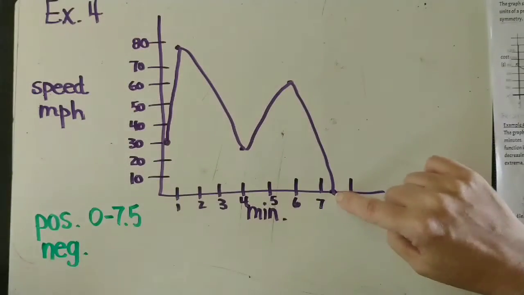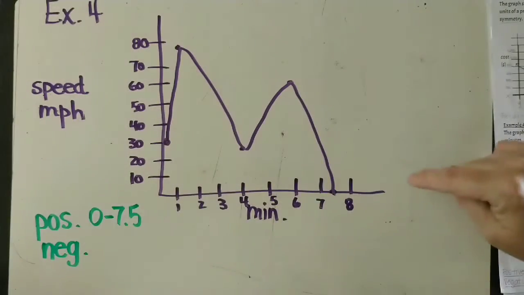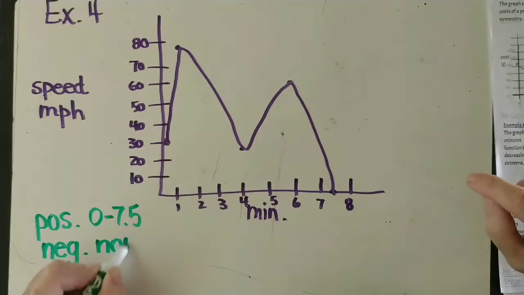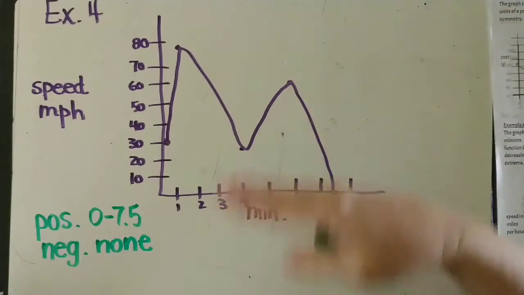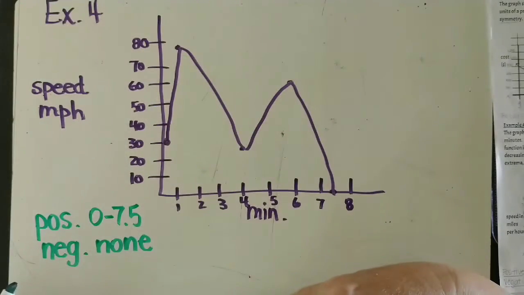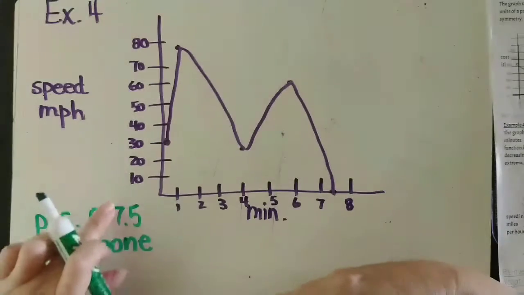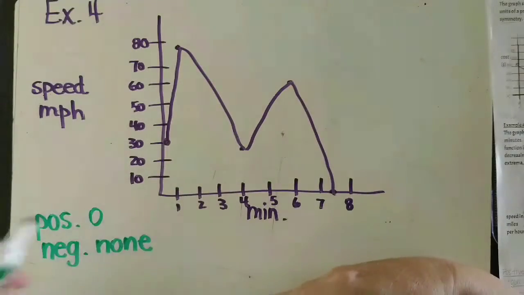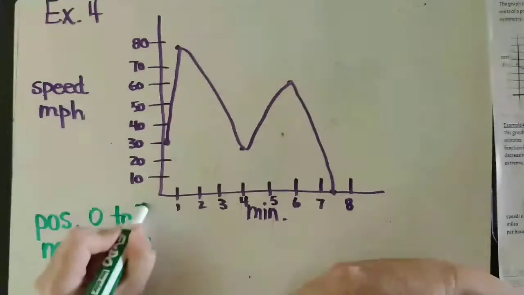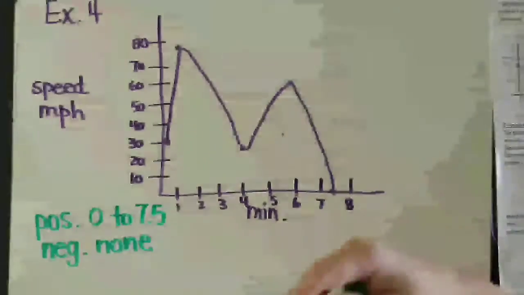Where does it fall below the x-axis? It appears to be none. Sometimes our graphs will come below our x-axis, and we have to tell where that's at. I'm going to be consistent here. I'm going to put 0 to 7.5 so you'll know how to do your assignment.